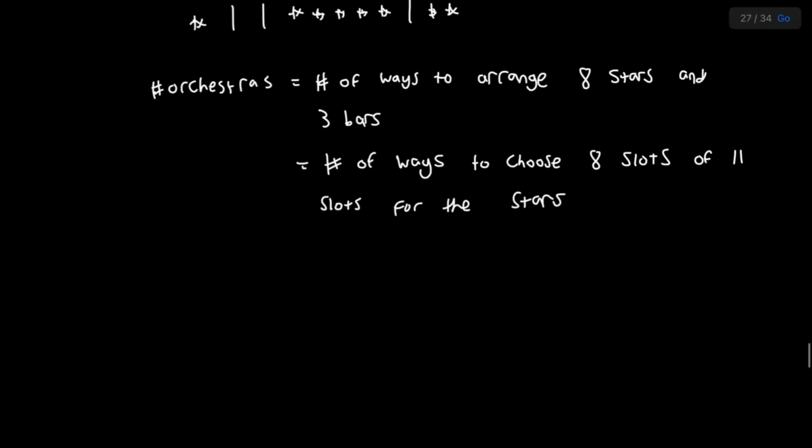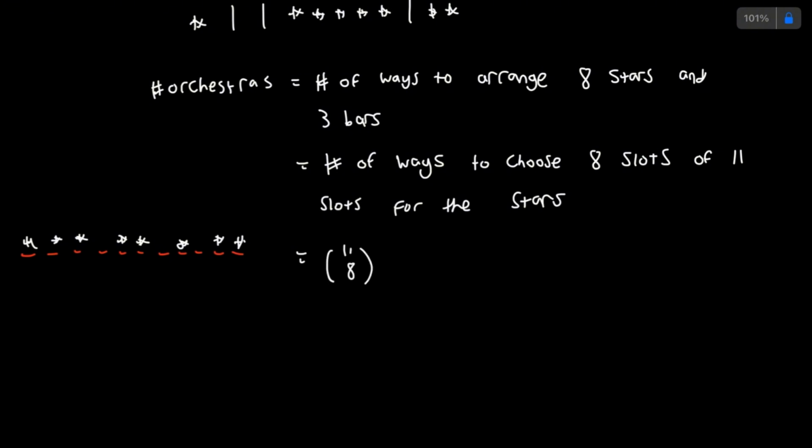Because you can imagine, let's say we have 1, 2, 3, 4, 5, 6, 7, 8, 9, 10, 11, and you're just choosing, let's say I want stars here, here, here, here, here, here, here, and 1, 2, 3, 4, 5, 6, 7, 8, right? And the remaining ones will just be the bars, right? For this is number of ways to choose 8 things from 11 things. So this is just 11 choose 8, right?